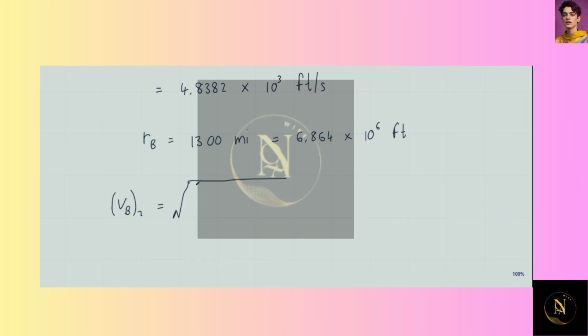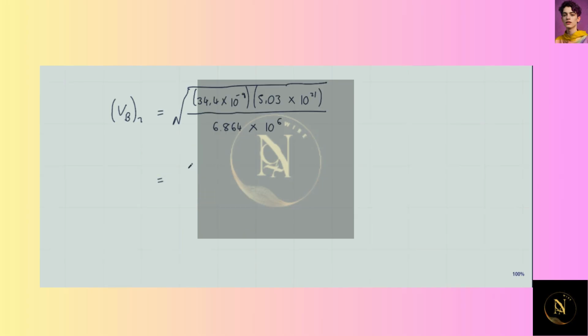And this is again G times M, 34.4 times 10 to the minus 9 times M, again 5.03 times 10 to the power 21 in US units, over the radius of the orbit, 6.864 times 10 to the 6th. And we get the speed of the orbit at B, the circular orbit, to be 5.0208 times 10 to the power 3, and that's feet per second.